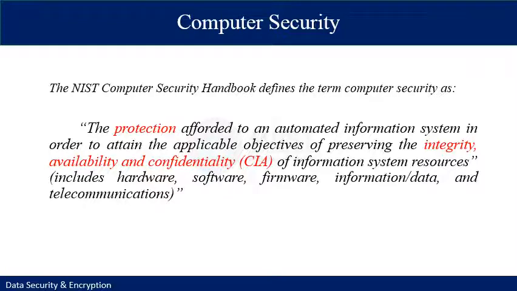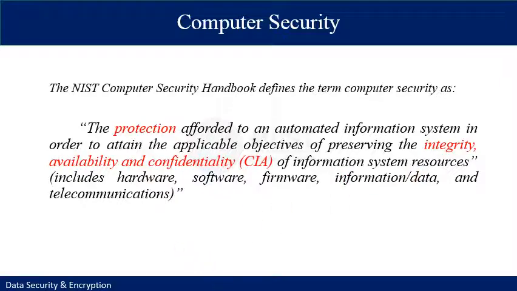So this leads us to the formal definition of computer security. Computer security is the protection afforded to an automated information system in order to attain the applicable objectives of preserving the integrity, availability, and confidentiality of information system resources.